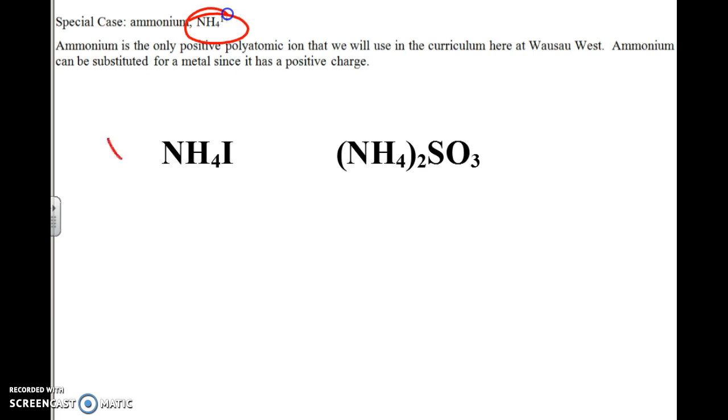So in this very first problem right here, we have ammonium. That's NH4. And then we have iodide. And that's how you would name it. Pause the video and try the next problem.